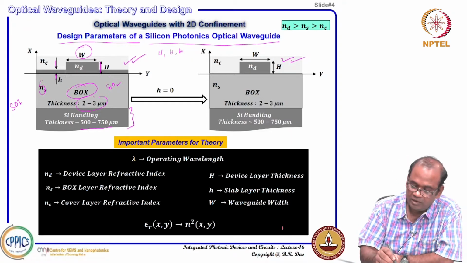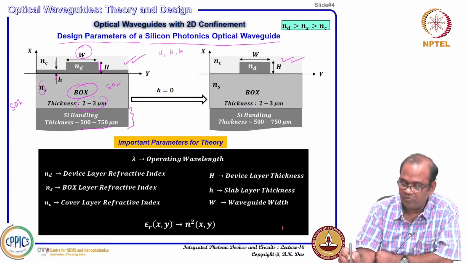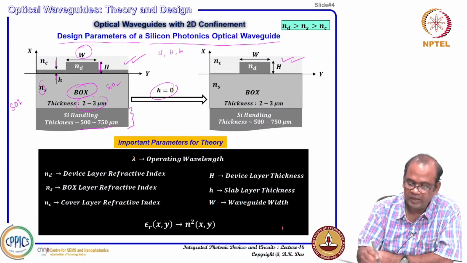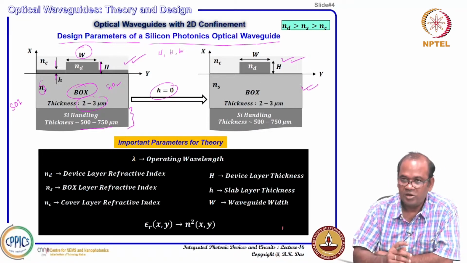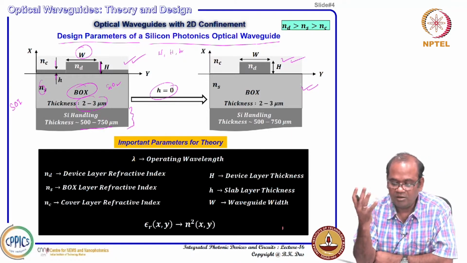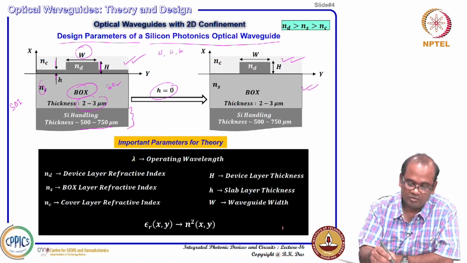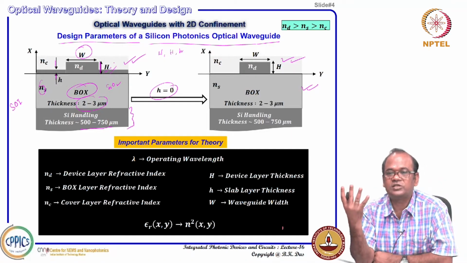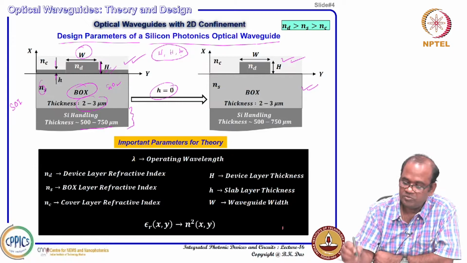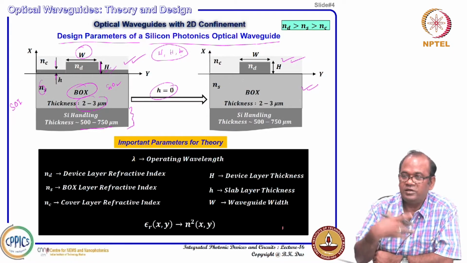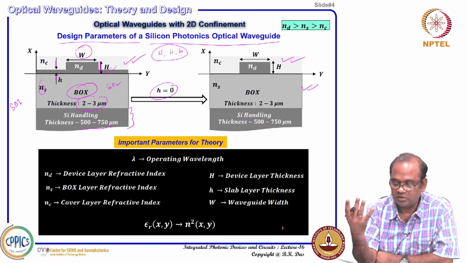In fact, you can derive this structure, the photonic wire structure, once you put this small h equal to 0. Anyway, you can think of this as a generic waveguide structure, where you can vary the W value, H value, small h value, and you can design different types of waveguide cross section and different types of solutions for that also.